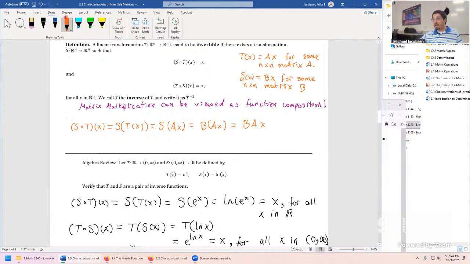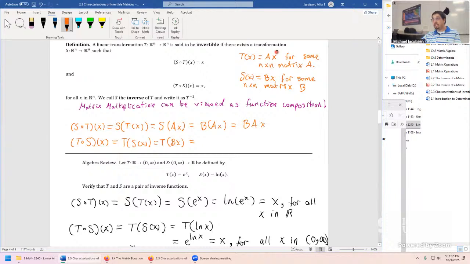Then we can turn it around again, reverse the mapping. So we're doing T of S at X. T of S at X is now T of B times X. That sounds redundant, just saying it. But the B times X is an n by 1 vector.